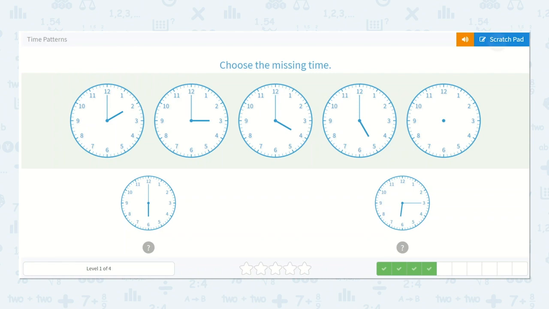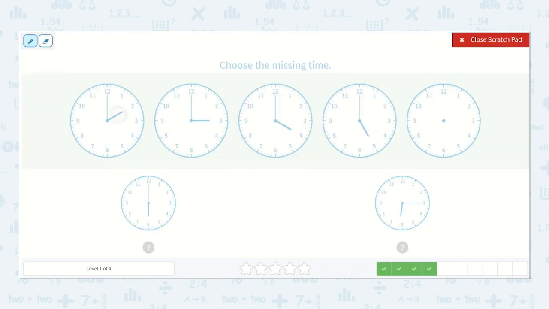Here we have choose the missing time. I can see that this is showing 2 o'clock because the hour is on the 2 and the minute hand is on the 12, which tells us that's o'clock. Here the hour is on the 3, the minute hand is on the 12, so that's o'clock. Here the hour is on the 4, minute hand is on the 12, so that's o'clock.